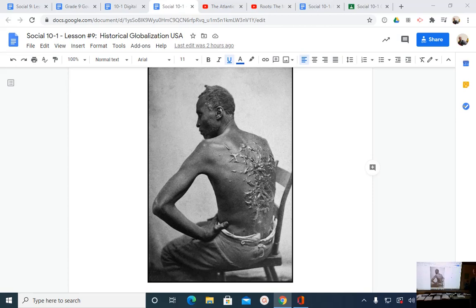When they were brought up top, they were meant to dance for the entertainment of the crew, and the women and children were abused by the crew. And we can probably figure out what that means. Yes? 1/10 of ships often had rebellions. So yes, things are so bad that 1/10 of the ships would often have a rebellion on board.